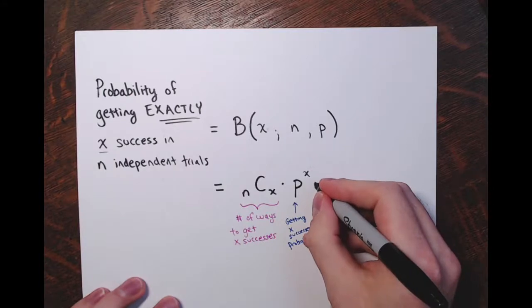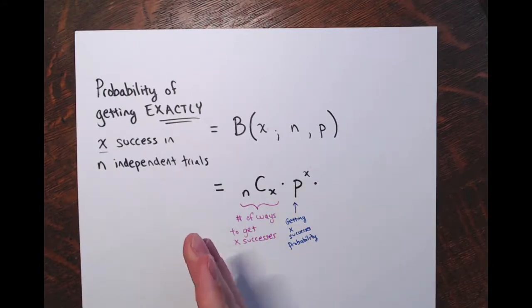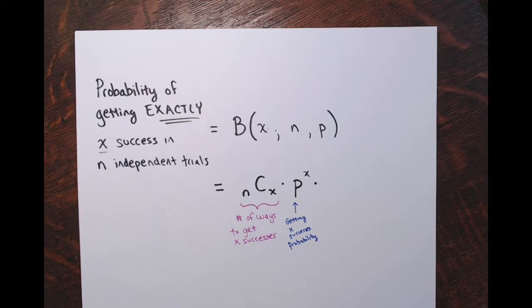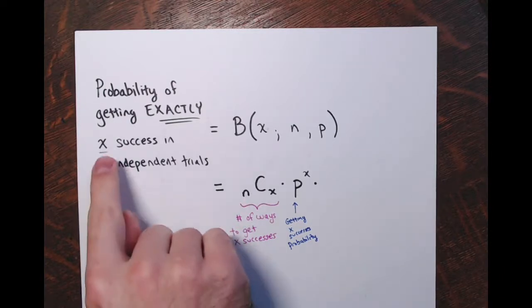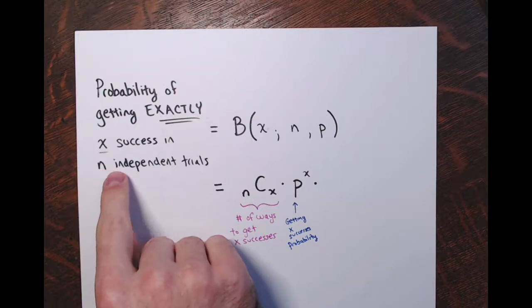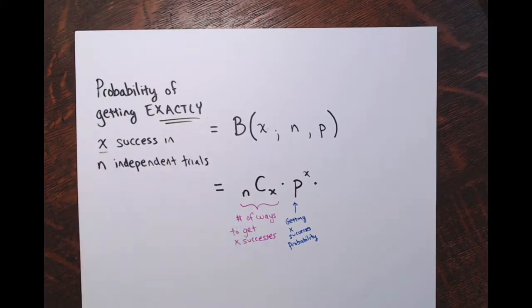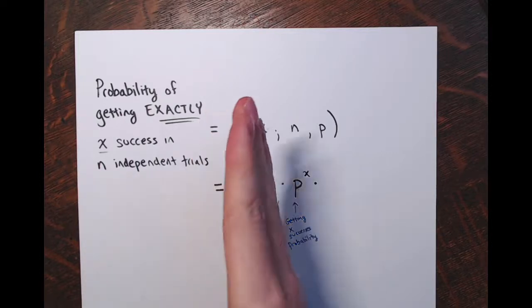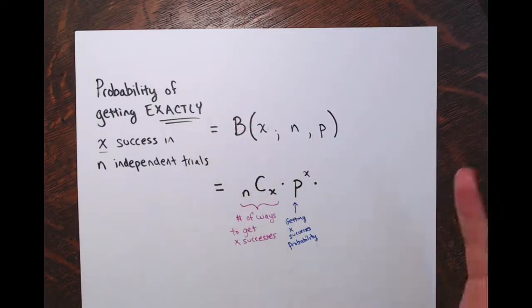But then, not only do we have success and success and success X times, but the rest of the trials, because that's not all the trials. If X of them are successes, the other N minus X trials are failures. So I have failure 1 and failure 2 and failure 3 and all the way up to failure N minus X. The rest of the trials are failures.